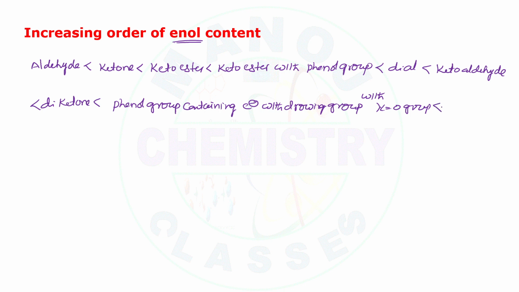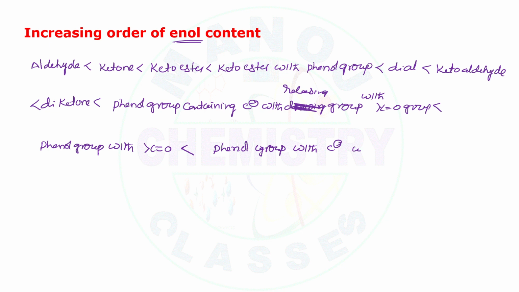The next one is phenol group with only a C double bond O group, not withdrawing, here electron releasing. Next one is phenol group with C double bond O, and next, phenol group with electron withdrawing group.